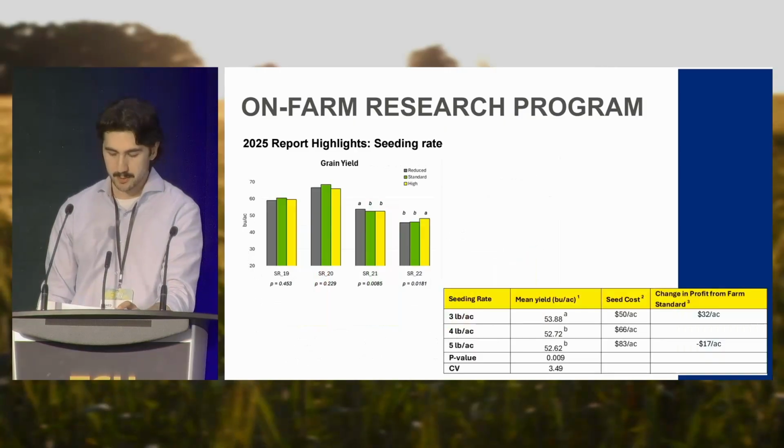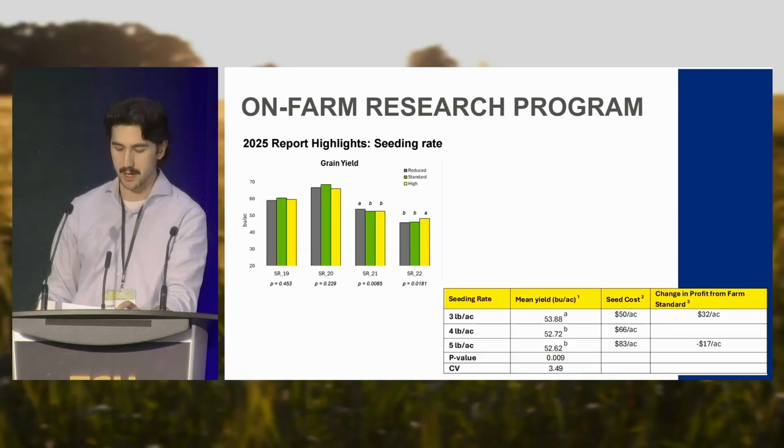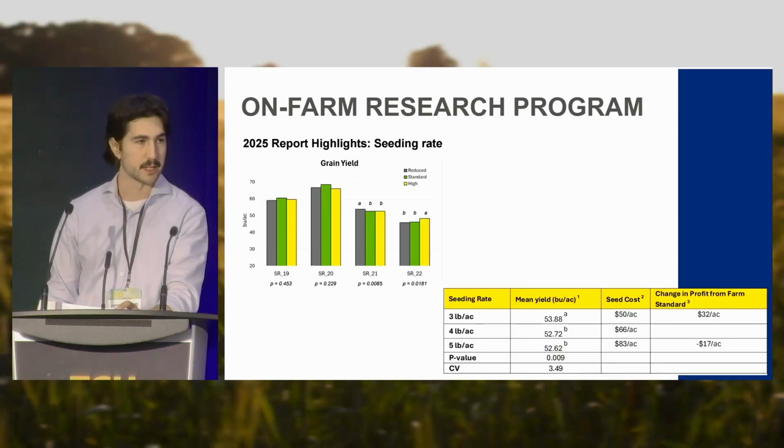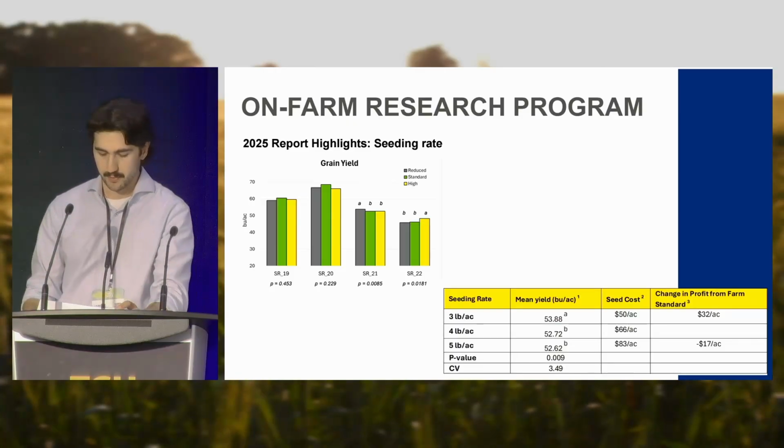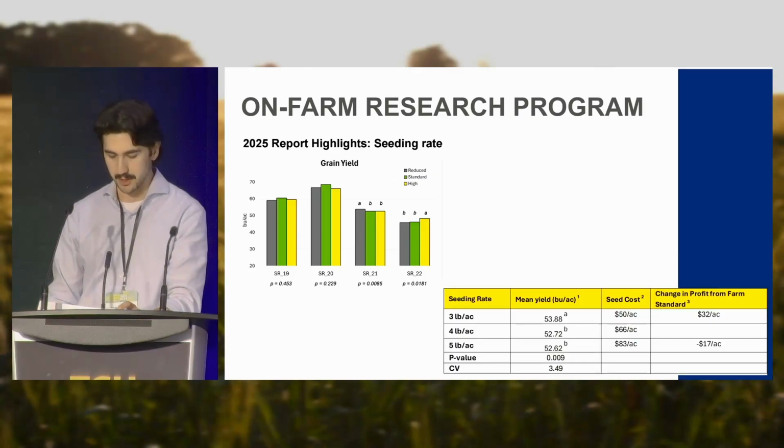But the highlight I want to make today is regarding our new focus specifically on farmer profitability in the on-farm program. Not only in research, but now going forward across all communication paths, we'd like to focus on farmer profitability and make it very clear and direct.